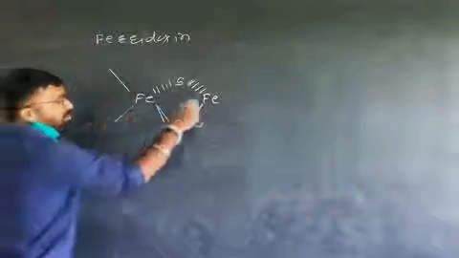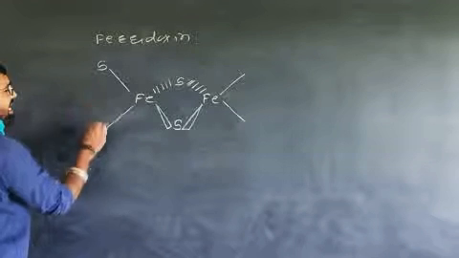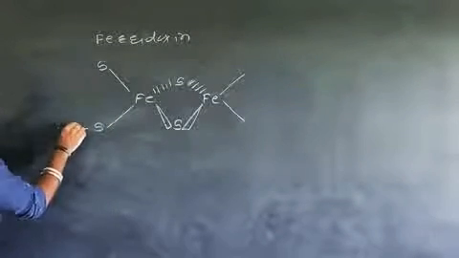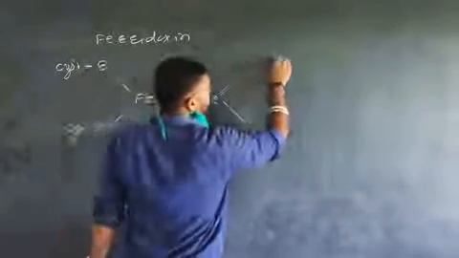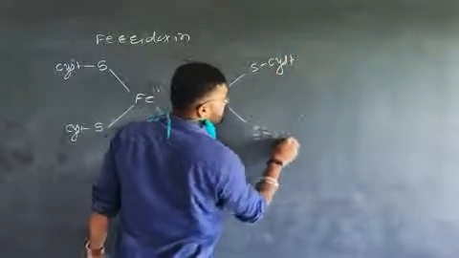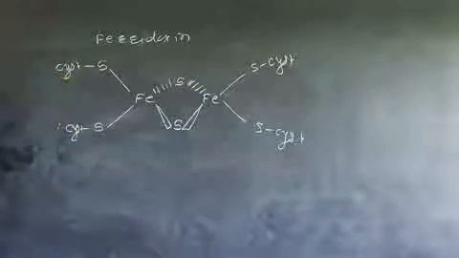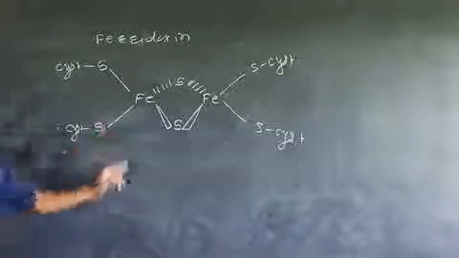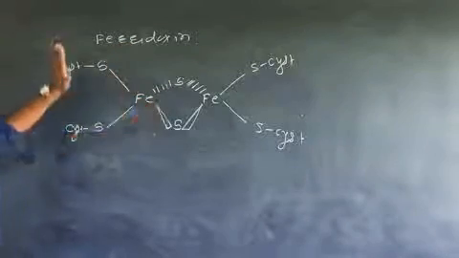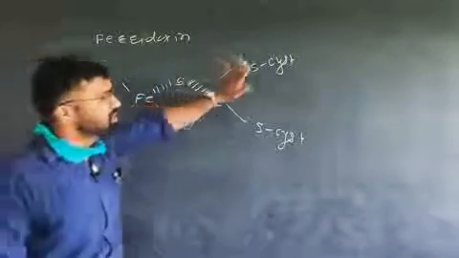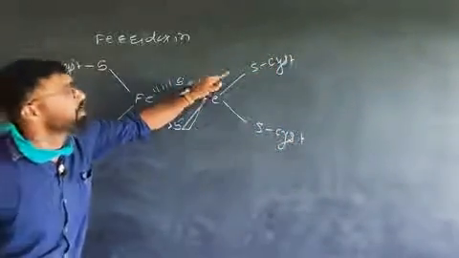And in the rest of the structure, each Fe is coordinated with the sulfur of a cysteine unit, amino acid. Okay, this is the structure of ferredoxin. Cysteine unit, cysteine unit, cysteine unit, cysteine unit, and these cysteine units are coordinated with the Fe by sulfur atoms.